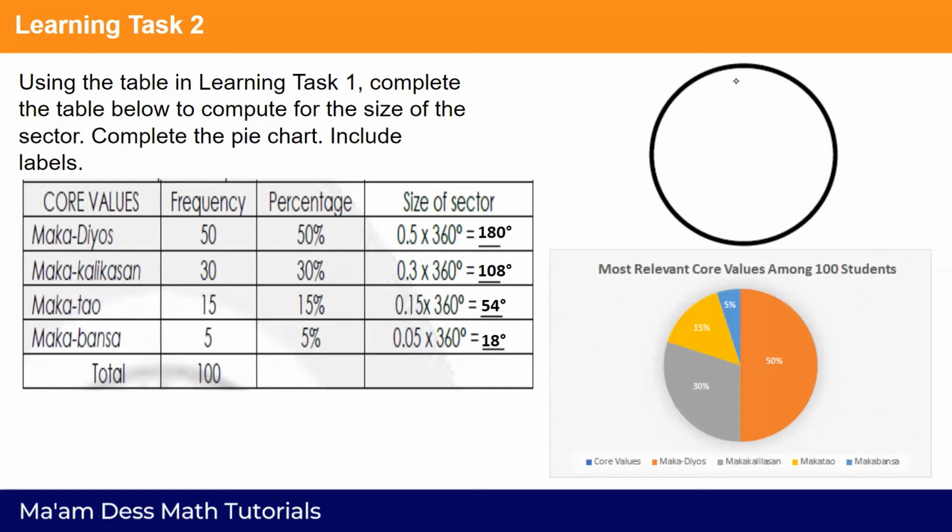So we will have 30%, done with the use of protractor. Next, 54 degrees, so we have 15%. And then we have 18 degrees, so we have this one, the 5%, the color blue.